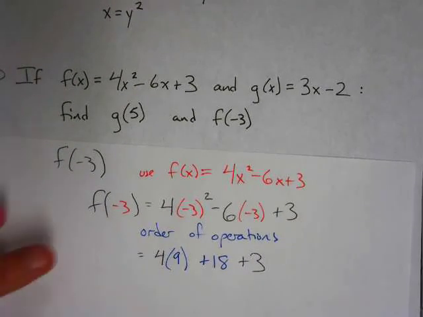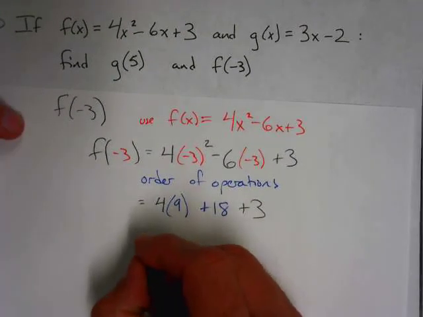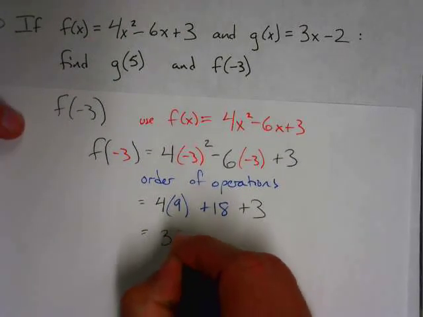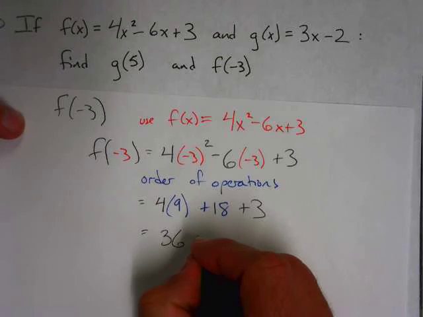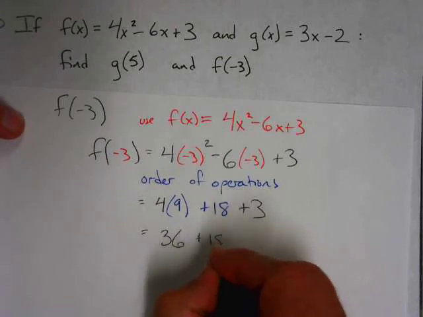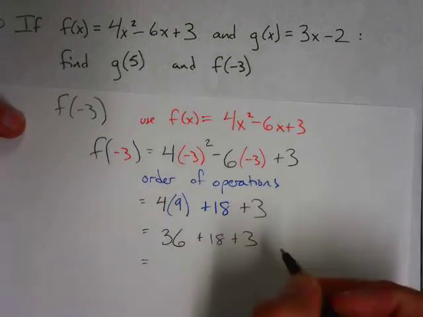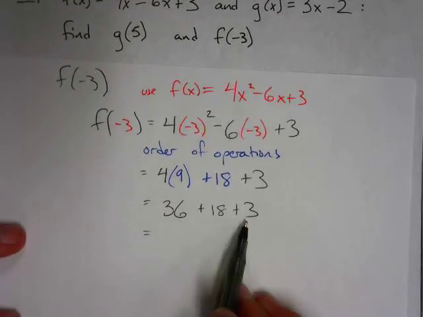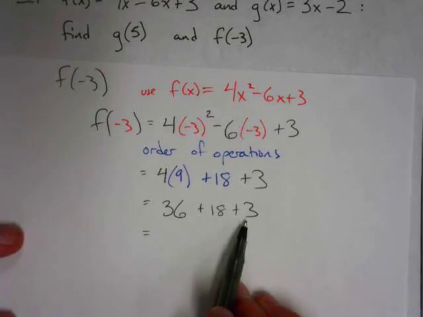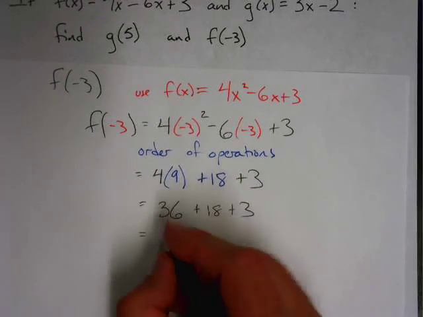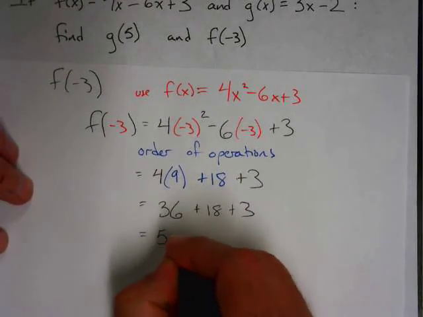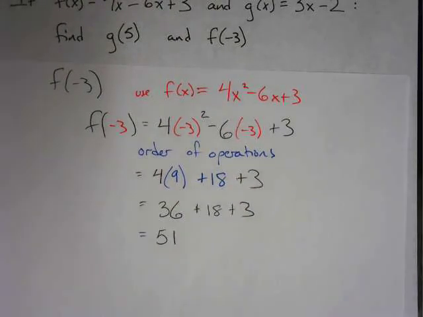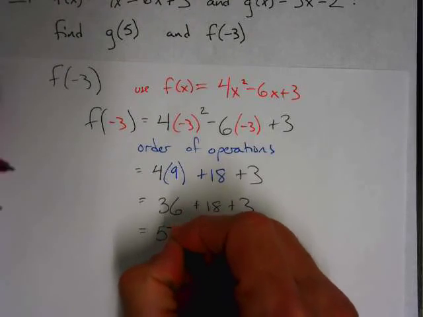And now that I've done those two steps, I have 4 times 9, which of course is 36. And then 36 plus 18 plus 3, we can just add the rest. So what was that, 36 and 21, 57, right? I hope so, 57. Oh, 57. Well, that was close.